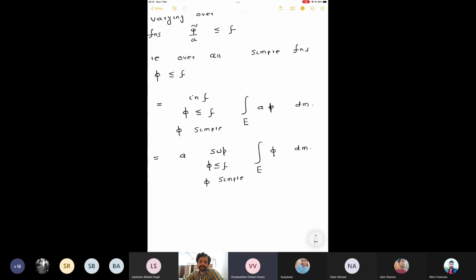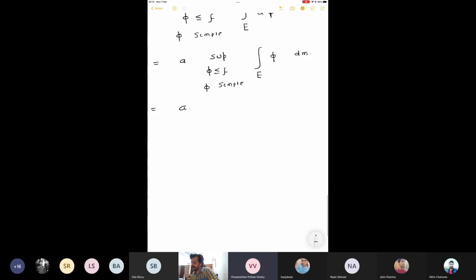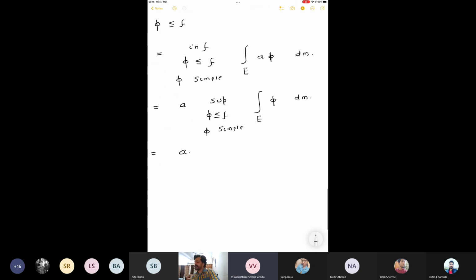Do you agree? This is what we missed in the last lecture. Why did the infimum and supremum get interchanged? Because a is negative. Now this is equal to a times the supremum over phi simple with phi less than or equal to f. I don't think non-negativity is needed.